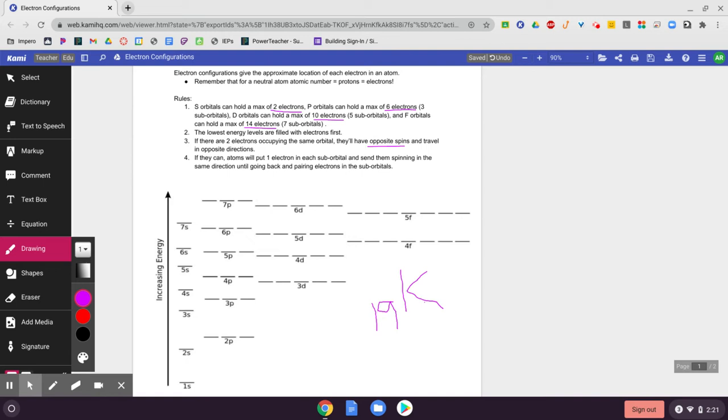So we start at the lowest level, and we're going to work our way up, filling in each orbital. So my first two are going to go in the 1s orbital. Moving up my diagram, that brings me to 2s. So my next two will go into the 2s orbital.